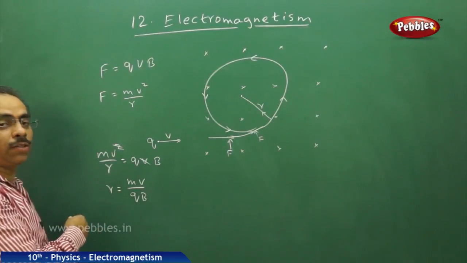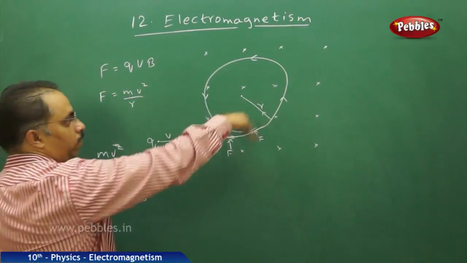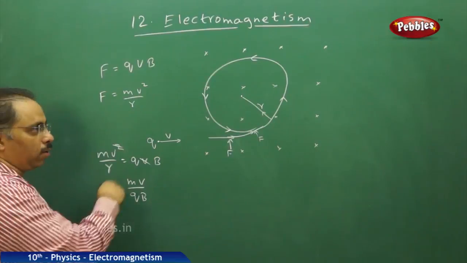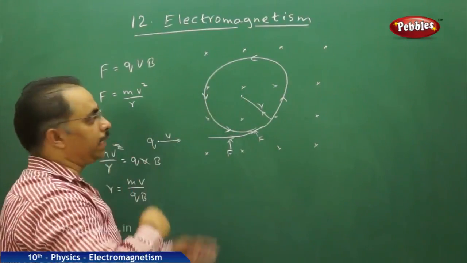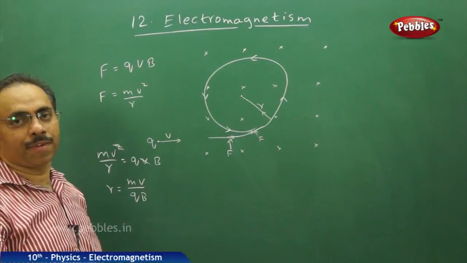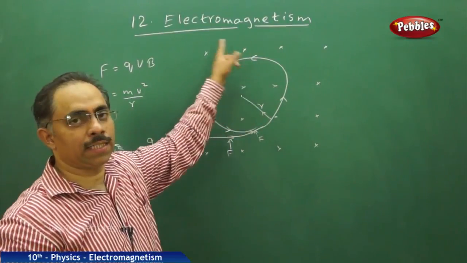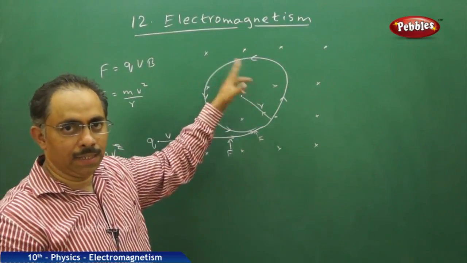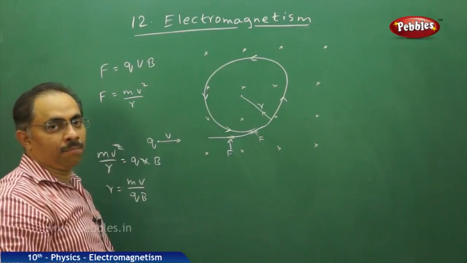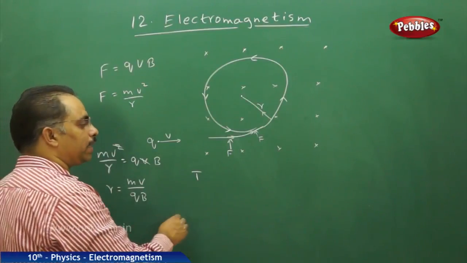Now it is going in a circular path, radius is r. This being a circular motion, it is a periodic motion. If I wanted to know its time period, if it is making one complete rotation like this, then whatever the time it takes for one complete rotation will be taken as the time period. So how do we get the time period?